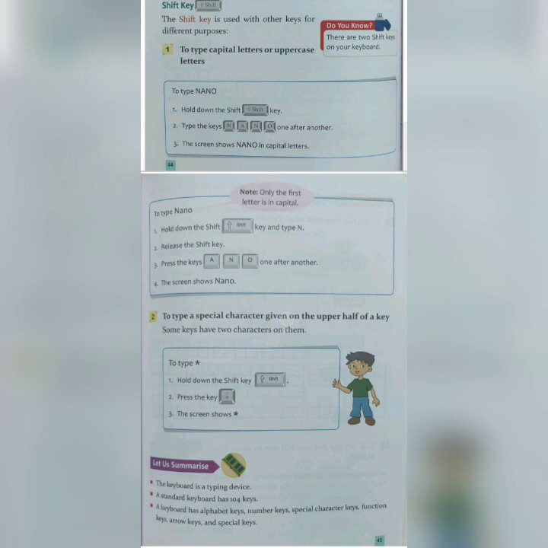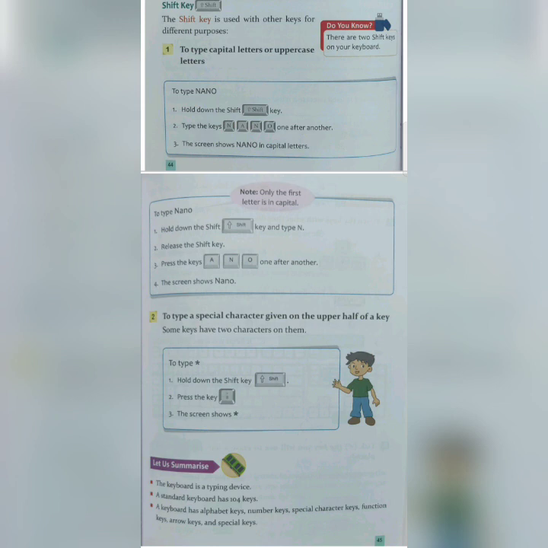So to type NANO, what will you do? First, hold down the shift key and type the keys N A N O one after another. The screen shows NANO in capital letters. If you don't want to use caps lock, you can hold the shift key and then type the word NANO, and the word will come in capital letters.